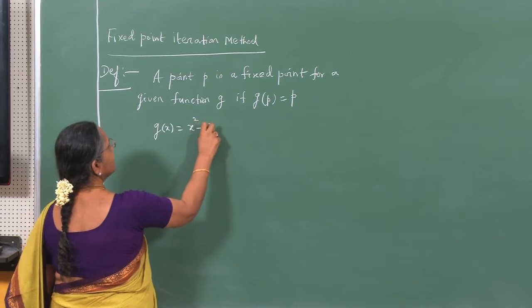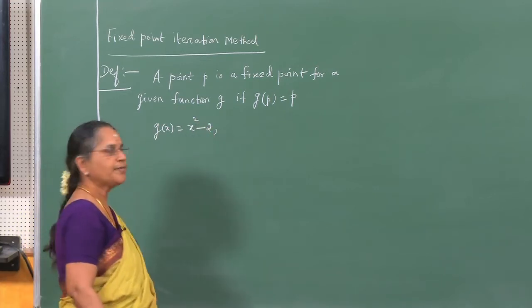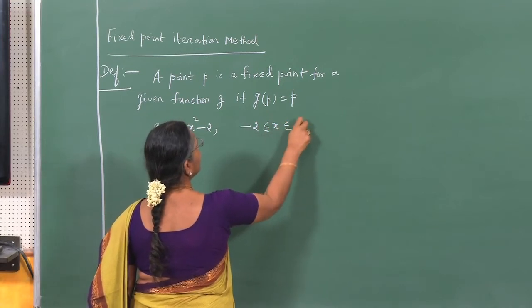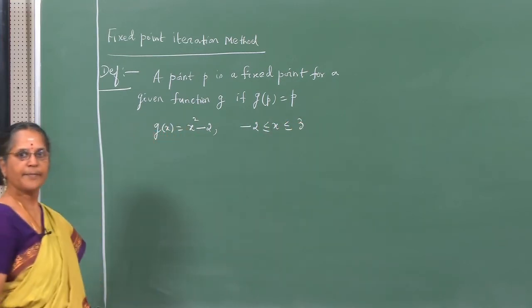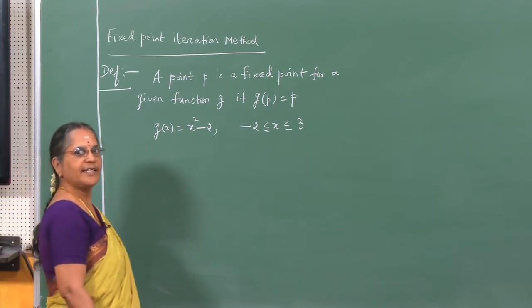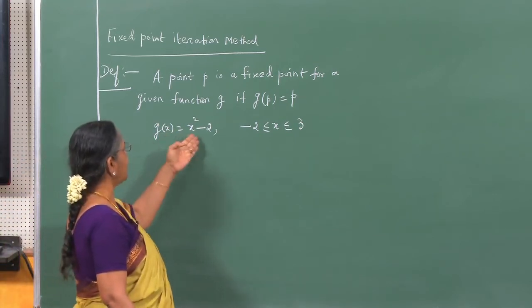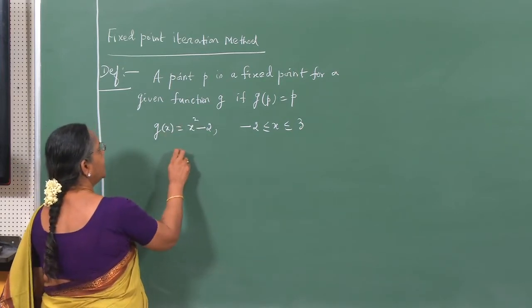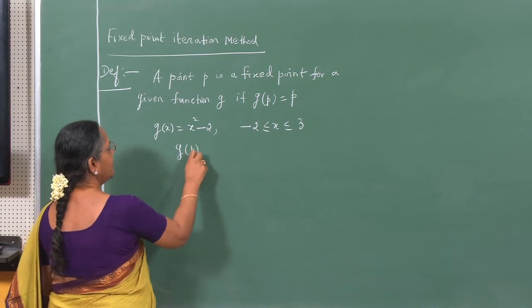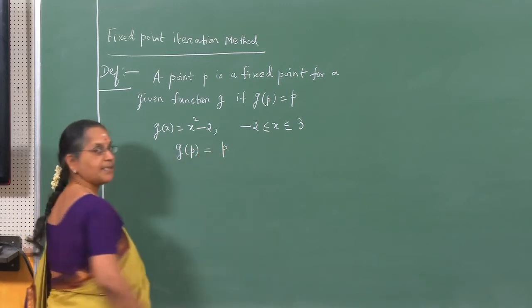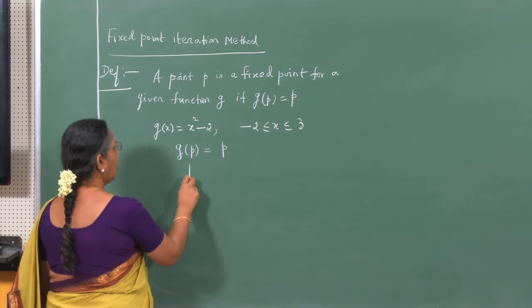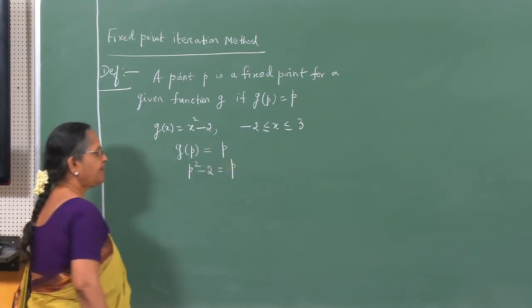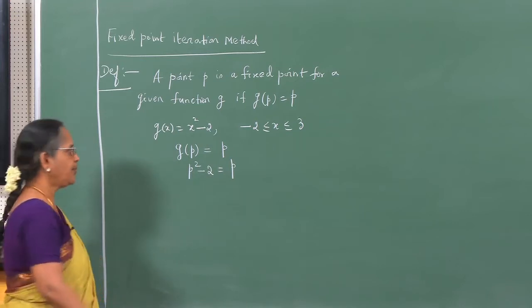Say g of x is x square minus 2 in the interval minus 2 less than or equal to x less than or equal to 3. So, I am interested in determining the fixed points of this function. By definition, I should be able to find out a p such that g of p must be equal to p, or in other words, this p must satisfy the equation p square minus 2 equal to p.